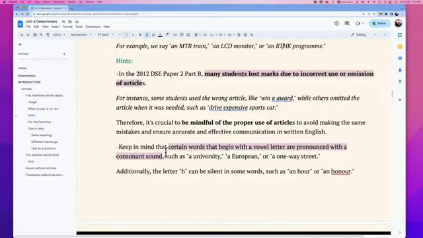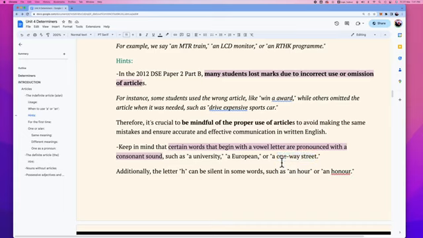Let's take a look. Some words begin with a vowel letter but produce a consonant sound, so we will use A instead. For example, university, the word starts with a "you" consonant sound. And European is the same. Even though it starts with E, a vowel letter, it's not a vowel sound. So we say a European. One-way street.